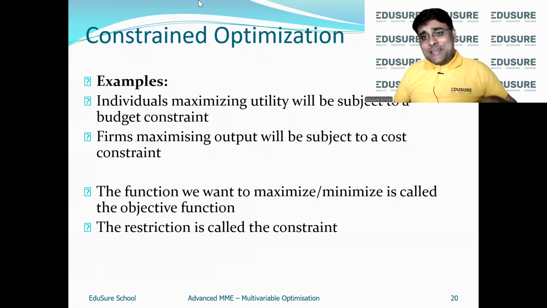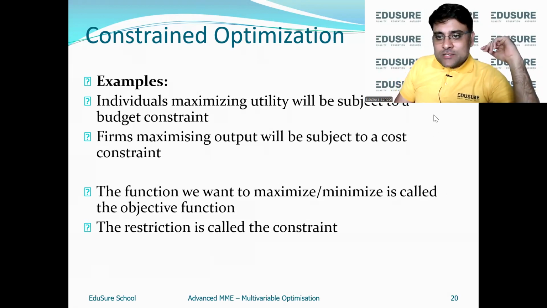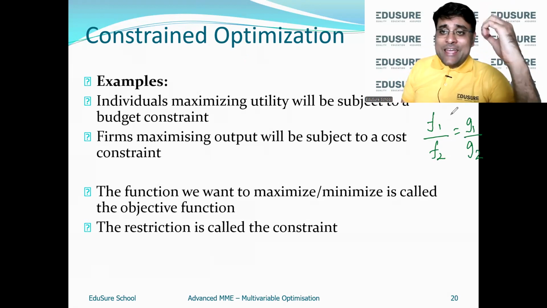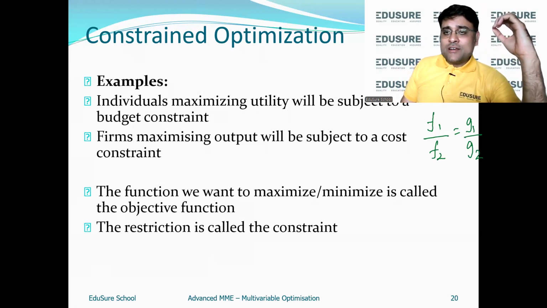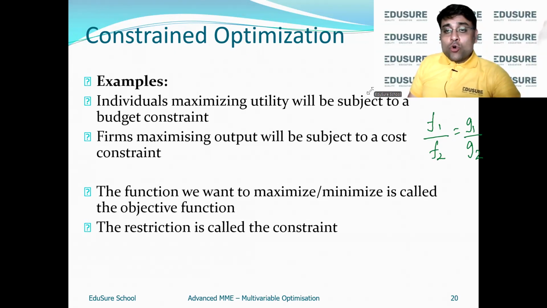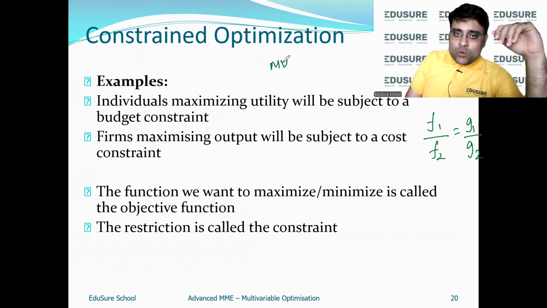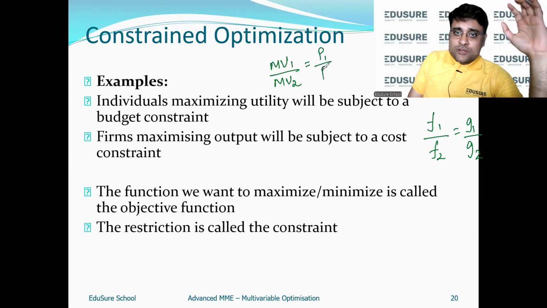We have already seen that the condition that you ultimately get is F1 by F2 is equal to the constraint G1 by G2, which is not an alien concept for us, because when you correlate it with consumer behavior, we are already doing mu1 by mu2 for the utility function is equal to the ratio of the two prices.